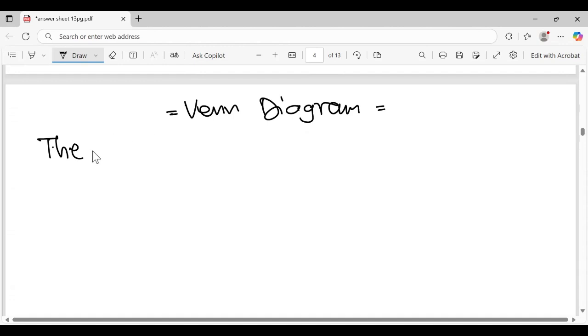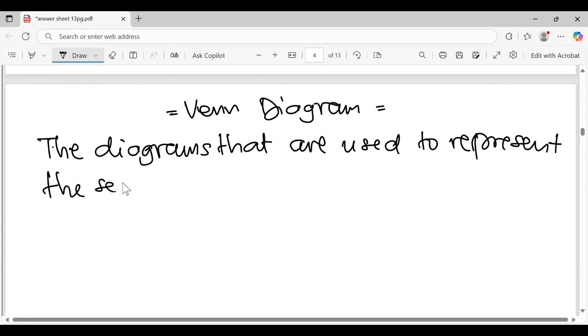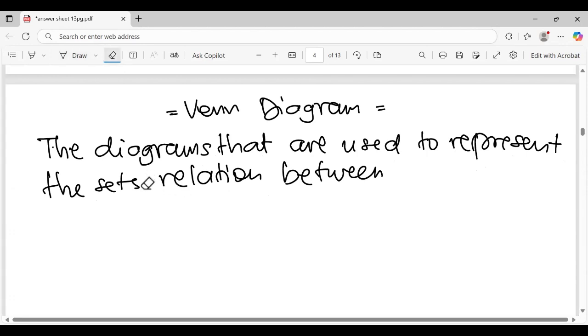So Venn diagrams are the diagrams that are used to represent the sets relation, I mean, there is no comma here.